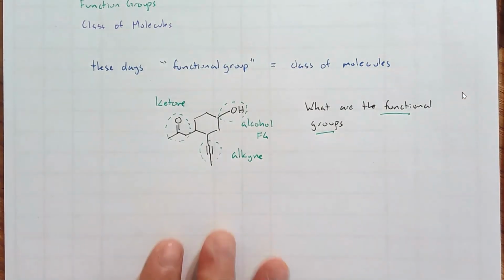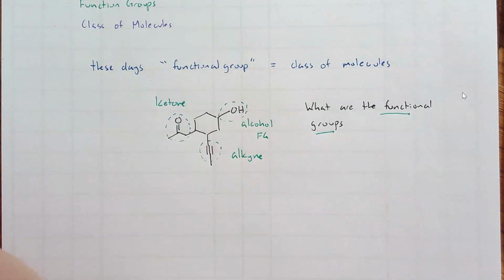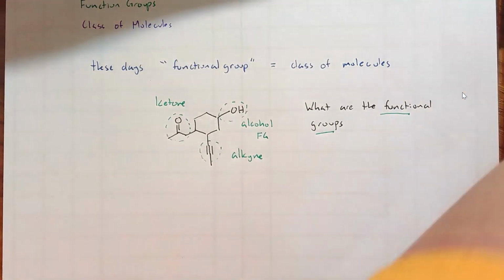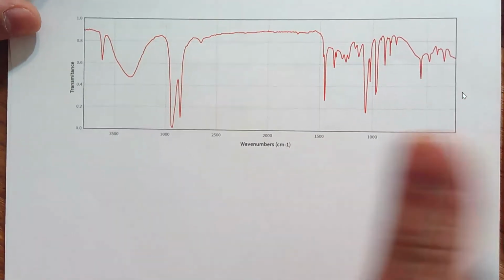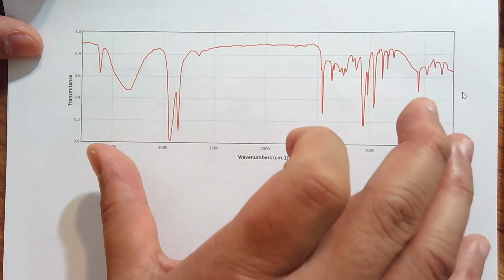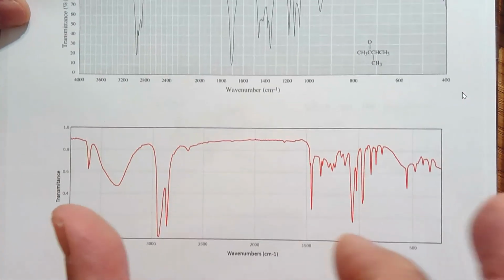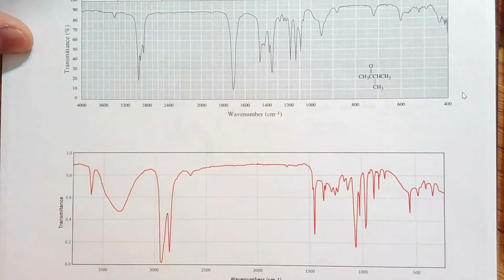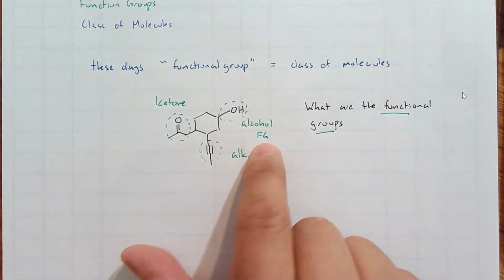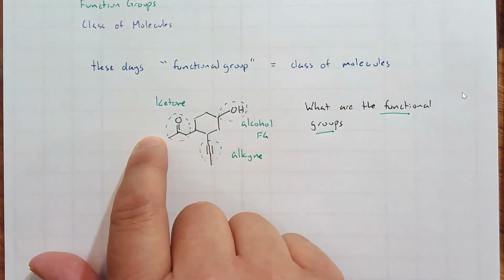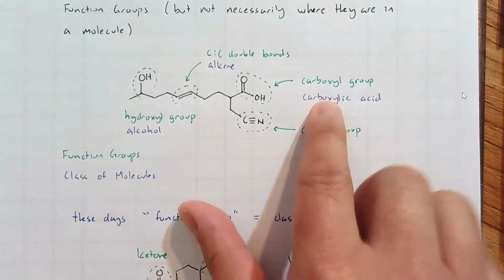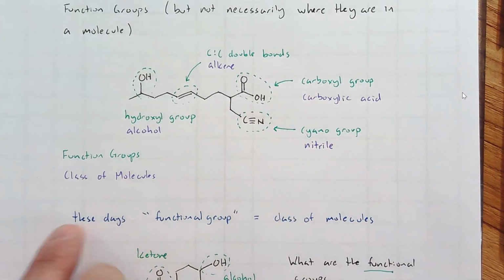I just want to go over that because in the next video, when we look at more spectra and identify what functional groups are represented in this spectrum, we should be using these terms: alcohol, alkyne, ketone, carboxylic acid, nitrile.